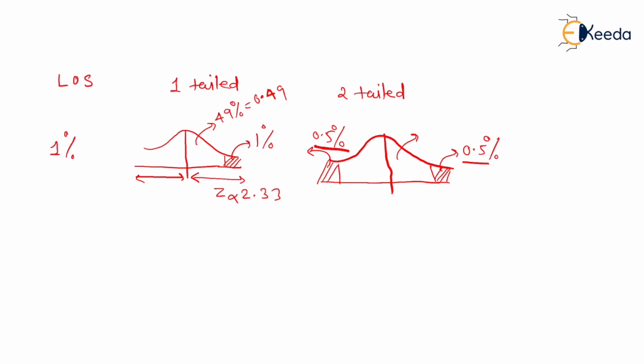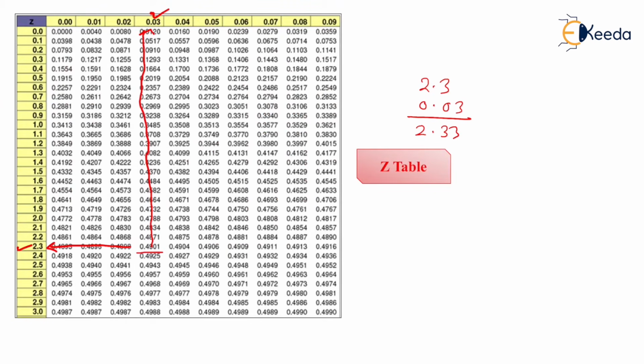So 50% minus 0.5%, you will be left with 49.5%, that is 0.495. We'll go back to the Z table. 0.495, see, this is the value.